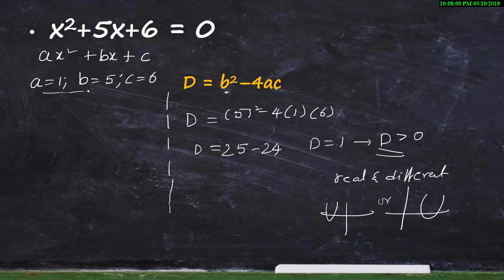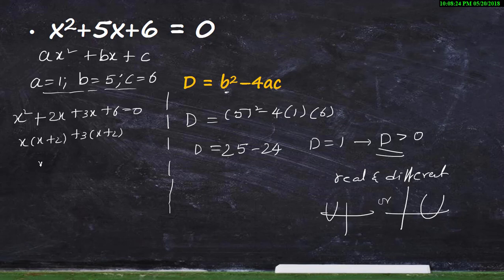See here, x square plus 5x plus 6, we can write as x square plus 2x plus 3x plus 6, right? And x into x plus 2 plus 3 into x plus 2, right? That means x plus 3 into x plus 2, so x is equal to minus 3 and x is equal to minus 2.